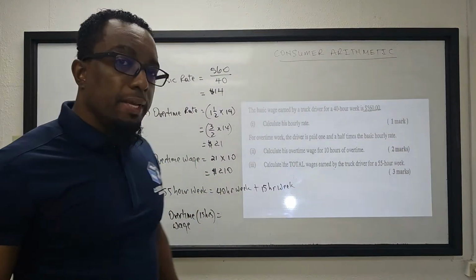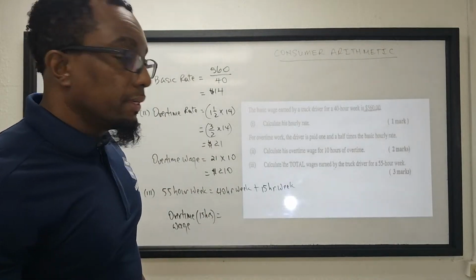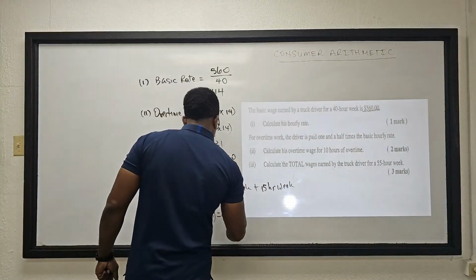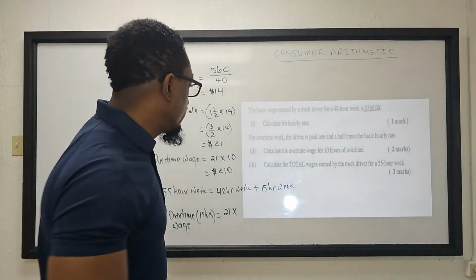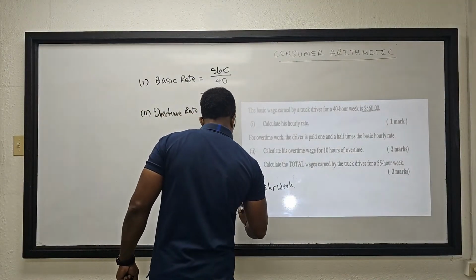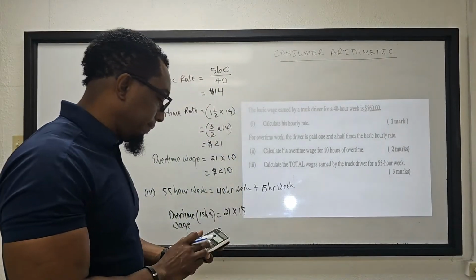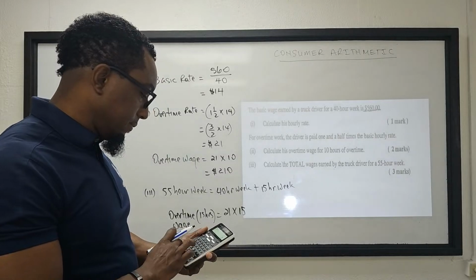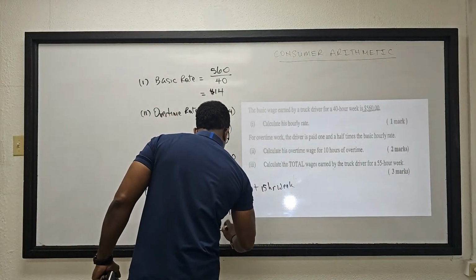The overtime wage will be the overtime rate, which is $21, times the number of hours worked overtime, which is 15. So this is 21 by 15, which is $315.